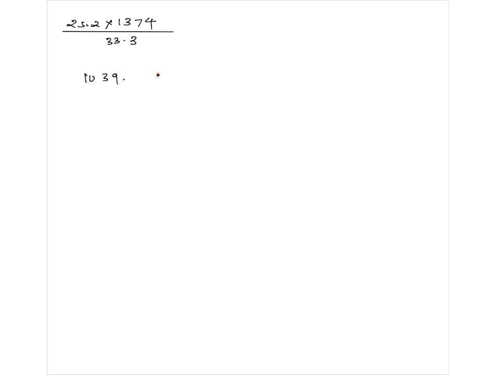Now you have to round off here. After 3 it is 9, so 3 will become 4, yes, that's correct. 1040. Now, if you have any questions regarding this, then just let me know.